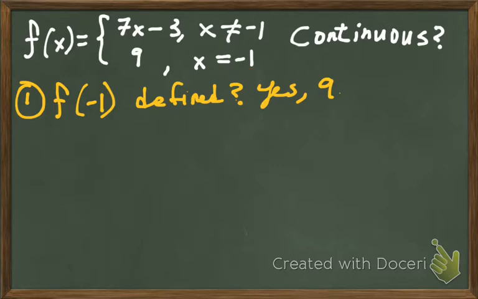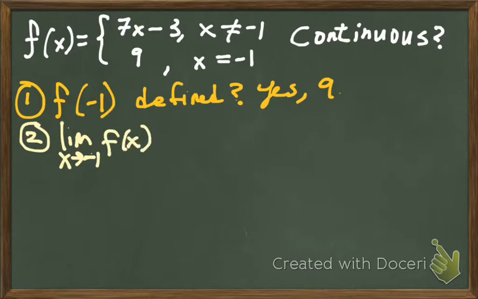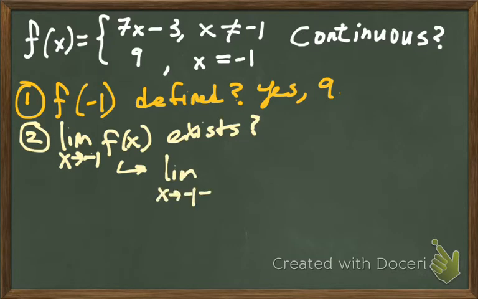Next item. Does the limit exist approaching -1? Once again, you need to consider both sides. So the limit as I approach -1 from the left. -1 from the left is not -1.